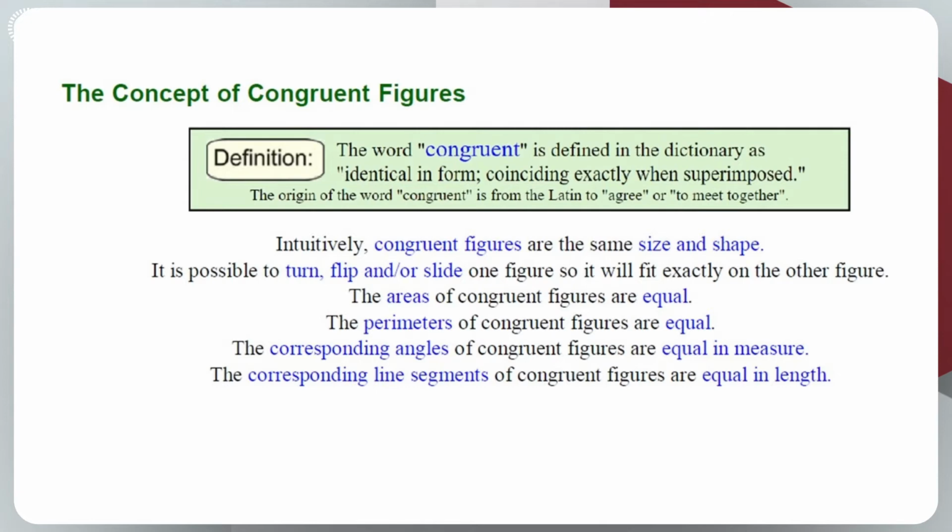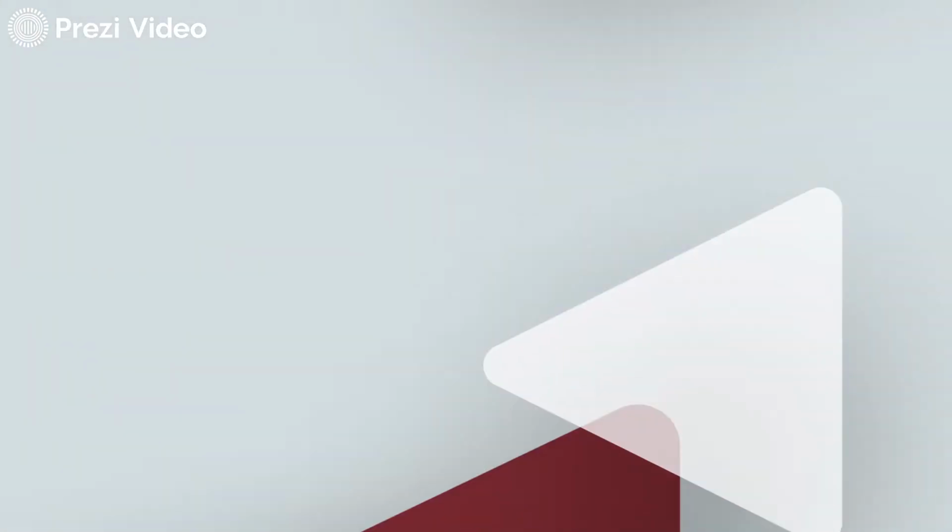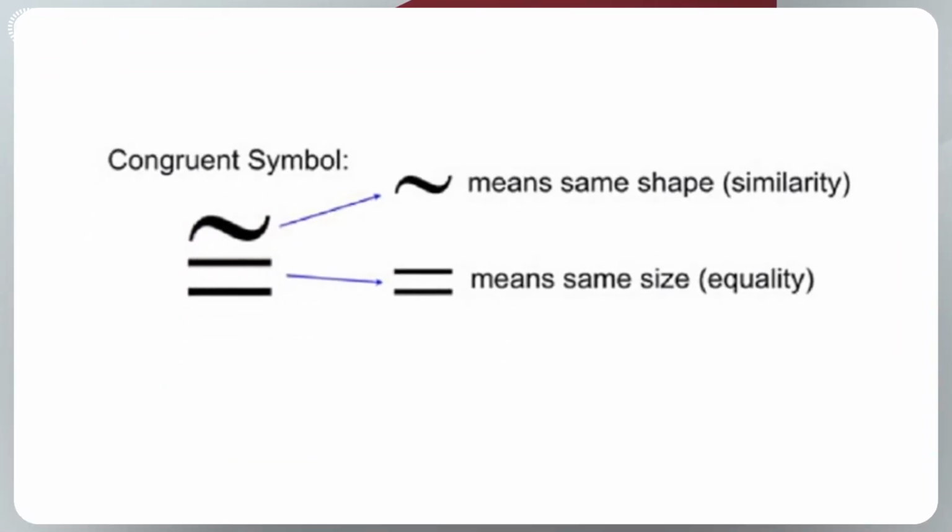Okay. So, we have here a symbol for congruency. This is our symbol for congruent. It combines a small tilde for similarity, and an equal sign for equality.